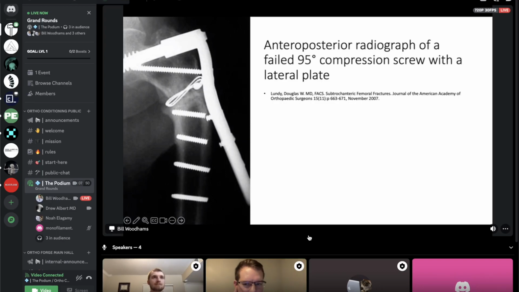And this is an example of failing into varus. I tried to write about it more in one of our x-ray reading guides, but what does varus and valgus mean?